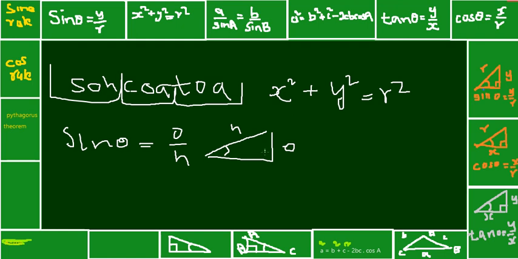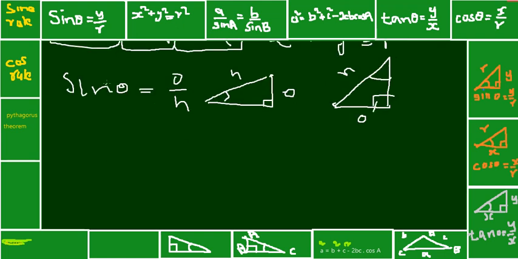But if this is 90 degrees and the angle is different from this one, you'll have something like this, and the opposite becomes this. Your hypotenuse is this one, because the opposite of an angle is here. So the sine changes when you change the position of the angle.